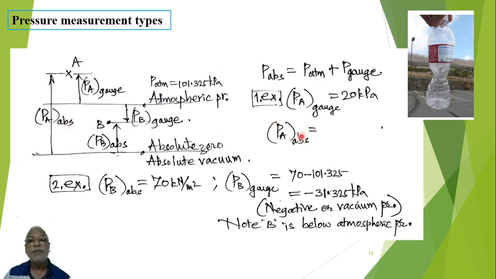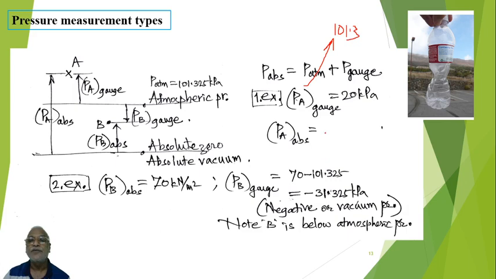Obviously, P absolute will be equal to atmospheric pressure plus gauge pressure, so 101.3 plus 20.